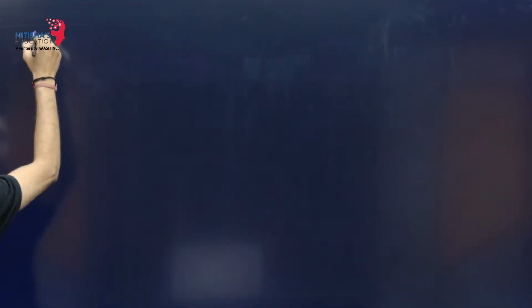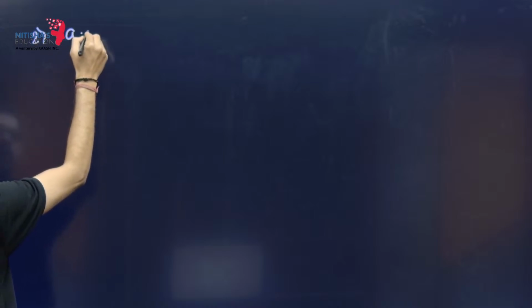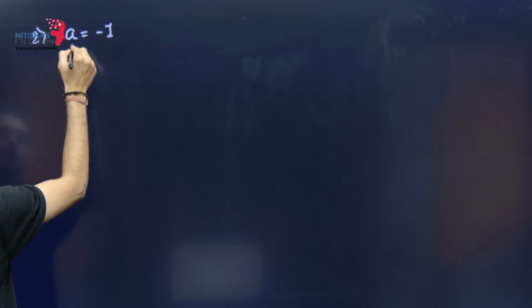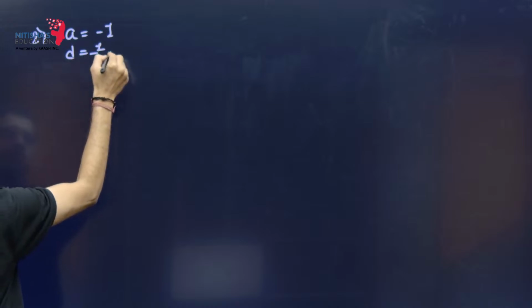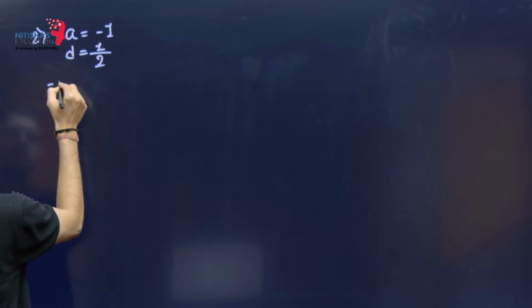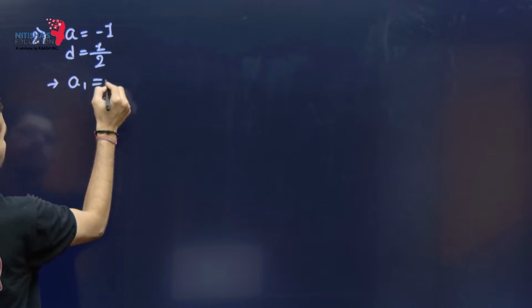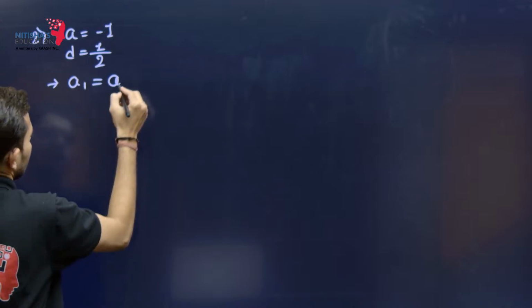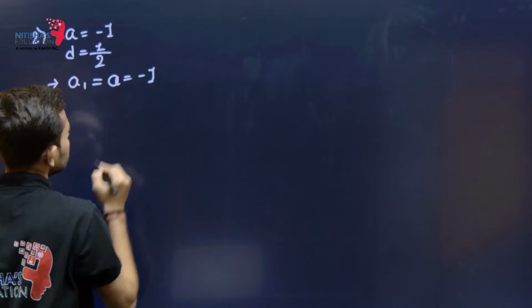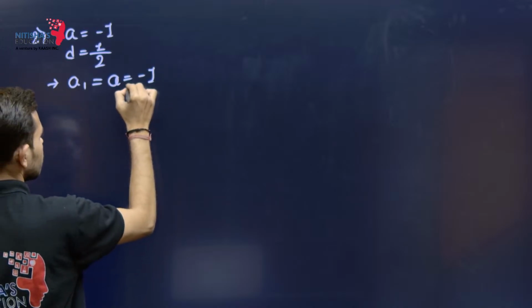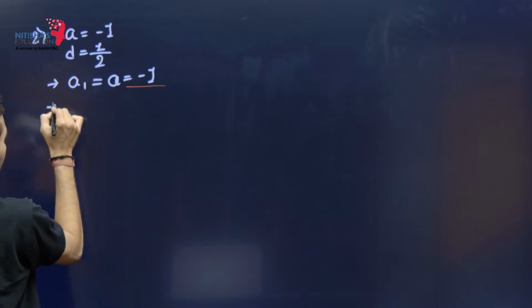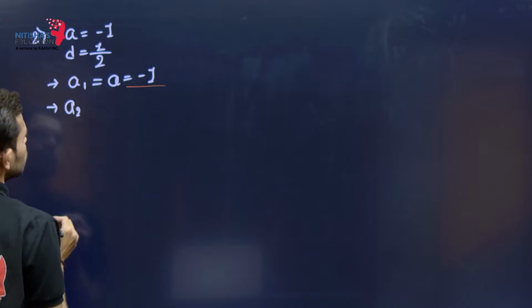Second question, where A is equal to minus 1 and D is equal to 1 upon 2. Again, first term A1 is equal to A, and A is our minus 1. So we got our very first term. Now we need to find the second term, which is A2.